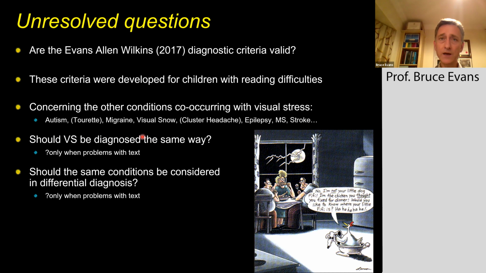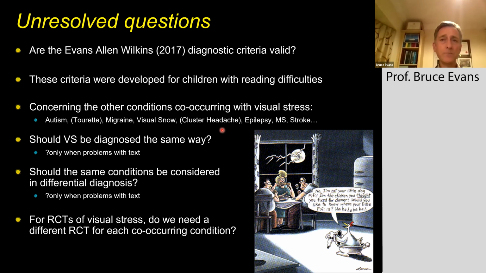Deacon Hall and I, a number of years ago, published a few times on the visual correlates of migraine. And some of those are binocular vision or accommodative problems, but there are questions about whether those are also associated with these other conditions.